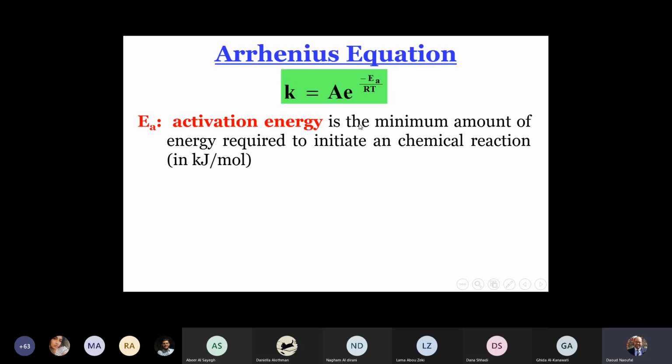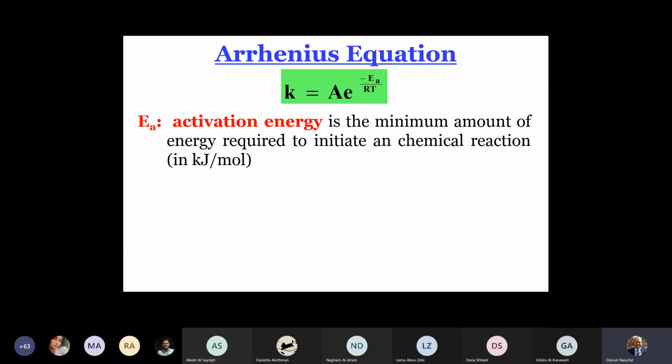By definition, it's the minimum amount of energy required to initiate a chemical reaction, and the unit of Ea is kilojoule per mole. Suppose I mix A with B. We will have collision between A and B, and these collisions will produce, for example, 30 kilojoule per mole. If the activation energy of the reaction is 35 kilojoule per mole, what is the meaning?